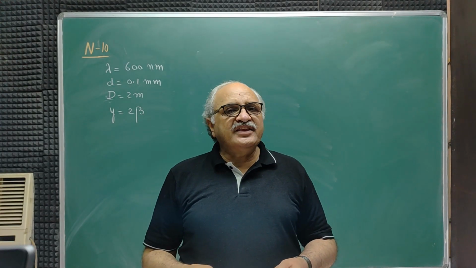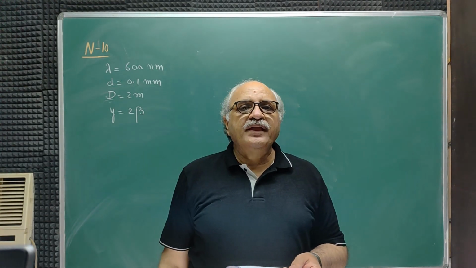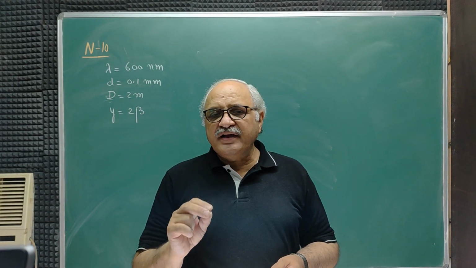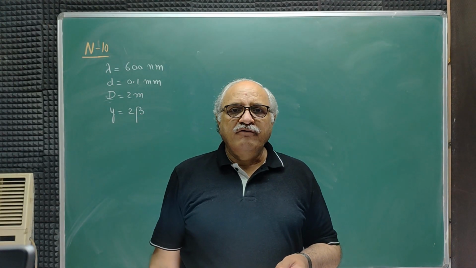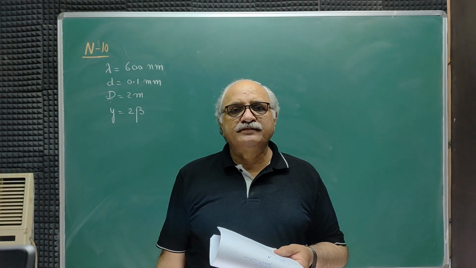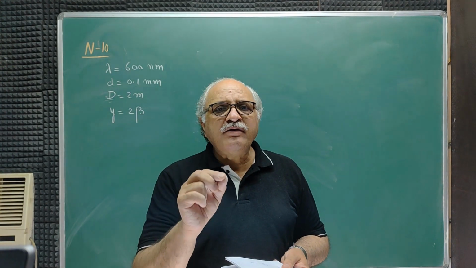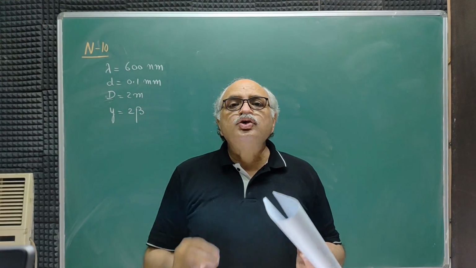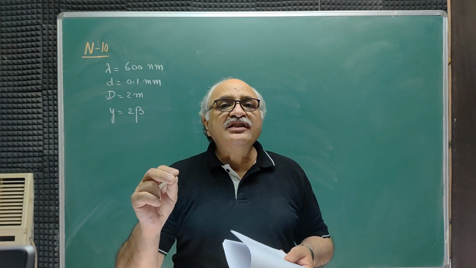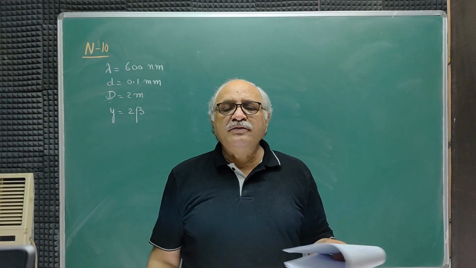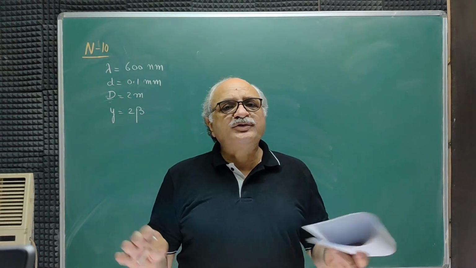So let's take the 10th numerical. The 10th numerical is for the interference by a single photon falling on a two slit. Now it's very interesting that if we are not making any attempt to find out from where this photon enters, into which slit, it means there will be no collapse of the wave function.